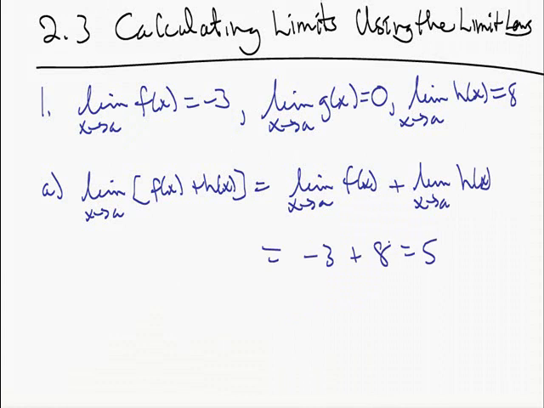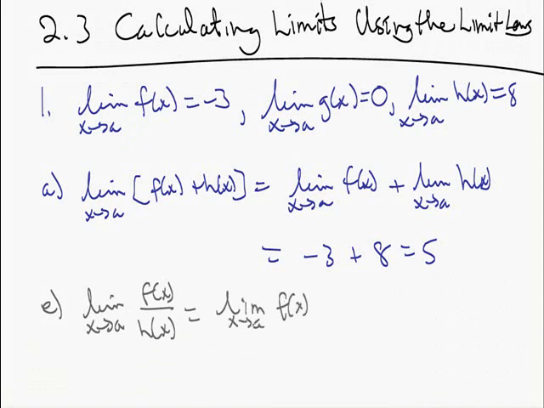How about part E? We want the limit as x approaches a of f of x divided by h of x. Well, according to our limit laws, the limit of the quotient is the quotient of the limits, so we can take the limit as x approaches a of f of x and divide that by the limit as x approaches a of h of x.